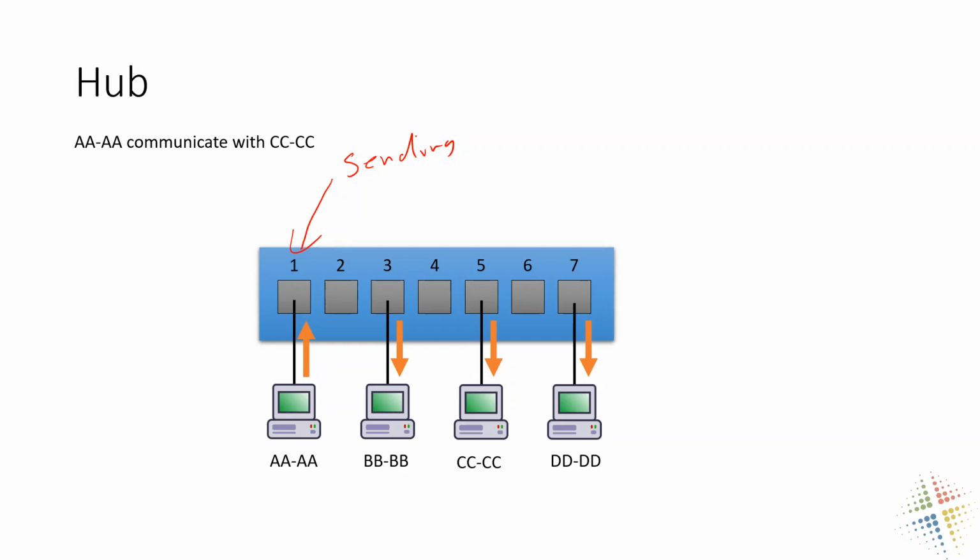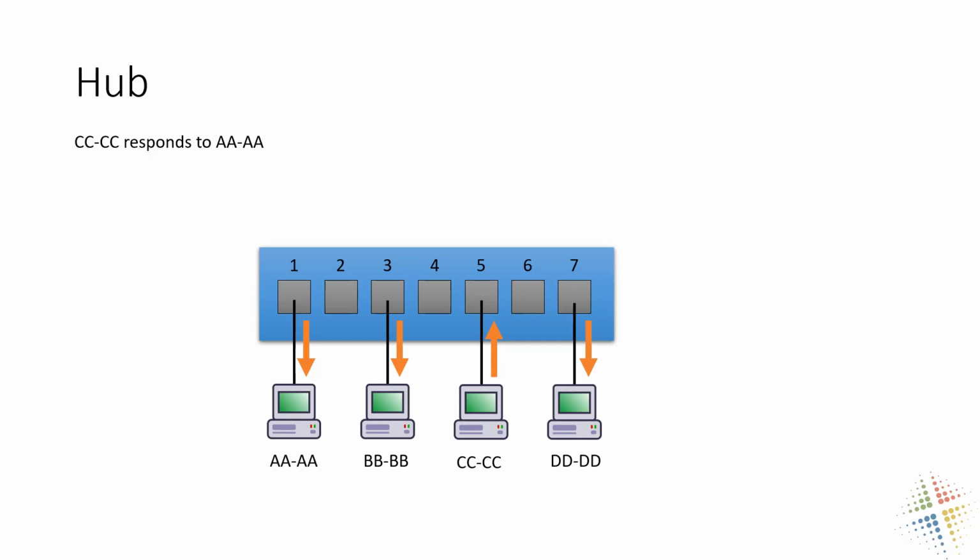So the packet goes from AAAA out to everybody else, and then when CCCC wants to respond back, CCCC sends his message up, and then again, it goes out to everybody except for the sending port.